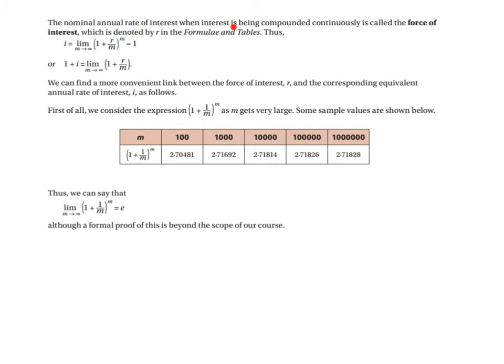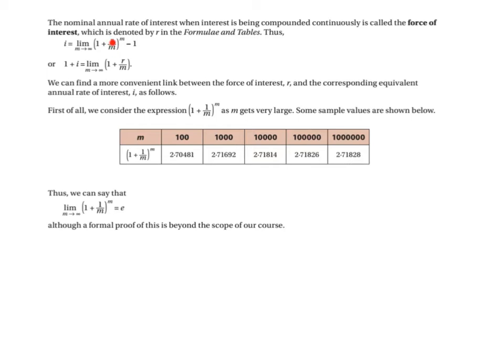Okay, so we've already had the idea of what it's going to be like with a number. So we're going to have a look at the general case. I've already said that what we're trying to do is take M to the limit of infinity for this particular expression. So I is equal to the limit as M heads off to infinity of (1 plus R over M) to the power of M, minus 1. And we had a chat there.